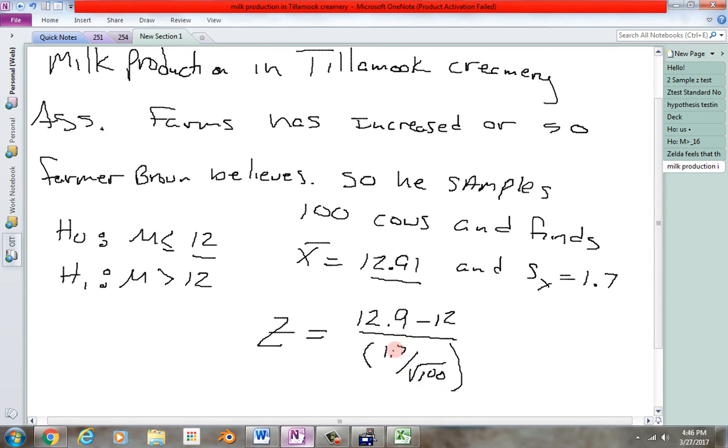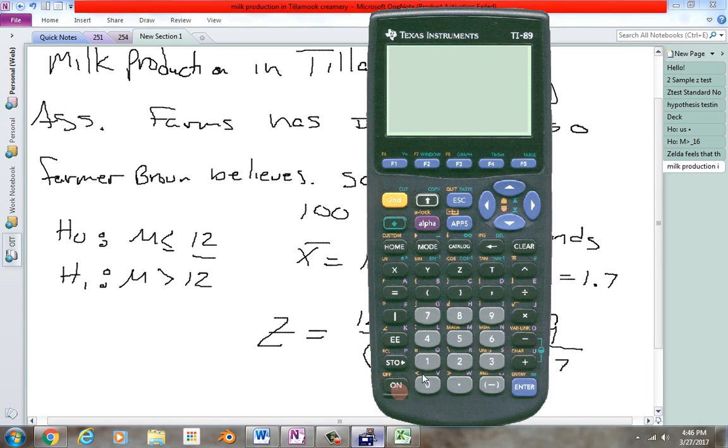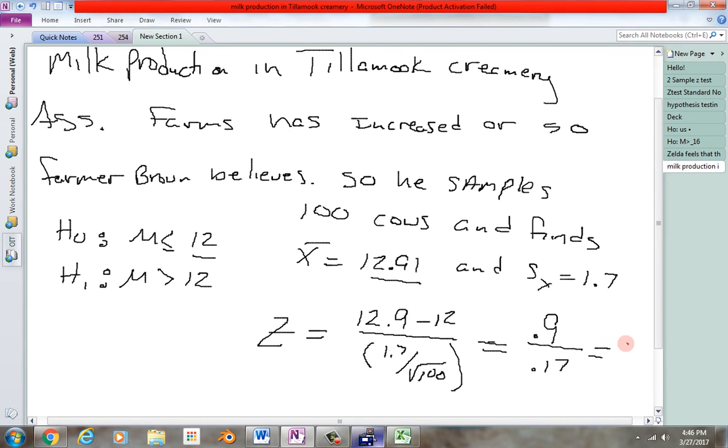The square root of 100 is 10, so that makes 0.17 on the bottom. So you're going to have 0.9, in essence, divided by 0.17. That's a big number, friends. 0.9 divided by 0.17 gives you a z-score of 5.2.